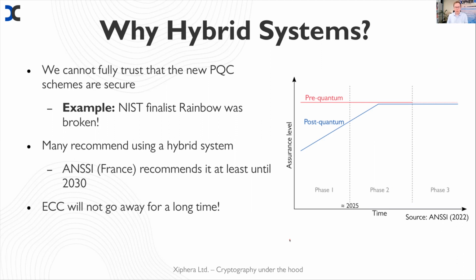And in crypto, new is not equal to good, as new algorithms have not yet gained the level of trust that we want to have in a cryptographic algorithm. So we cannot really trust that there is not even a classical way to break a PQC algorithm. Indeed, one of the NIST finalists was broken: the Rainbow signature algorithm was broken quite completely.